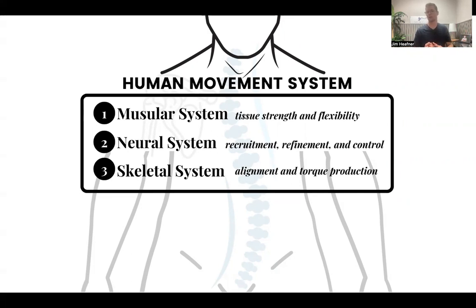So the recruitment of muscle activation, refinement, the motor control, all of those things coordinate with our muscular system to make sure that when you pick up a cup of water, you don't squeeze the heck out of it. They're able to smoothly and in a coordinated fashion execute that motion. And lastly, the skeletal system is your structural foundation where we get force and torque production from. So if you have a strong muscular system and neural system, but you don't have the proper structural setup for it, you're not going to be able to leverage those things as well to get the most efficient movement.